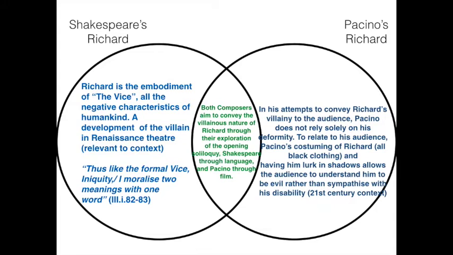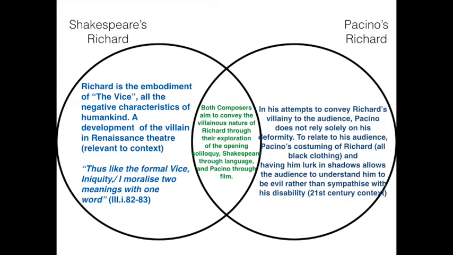So he is basically the embodiment of the negative characteristics of humankind. Now, for the audience, they would know exactly what he's talking about, because it was a common thing happening in that period of time and in theatre at that time. Whereas for us, it's quite different. We don't really know what the vice is unless we look it up on Wikipedia or Google. So for the audience themselves, for his context, it makes sense.